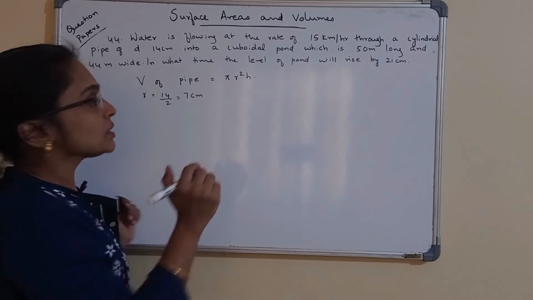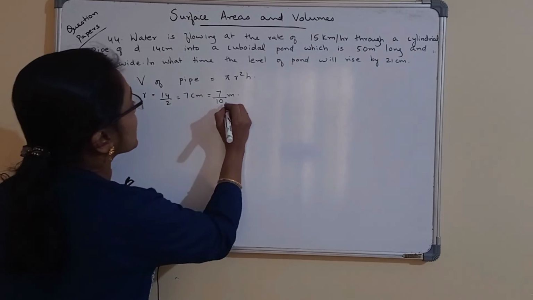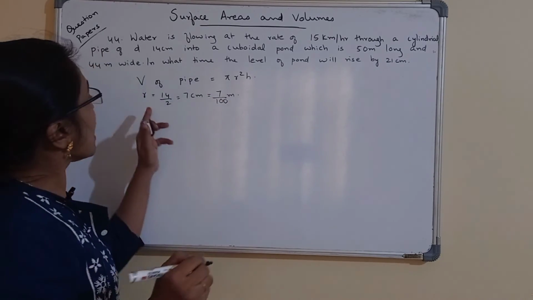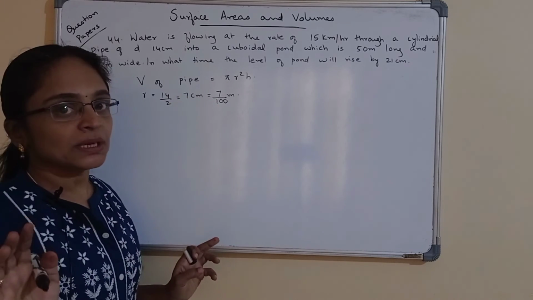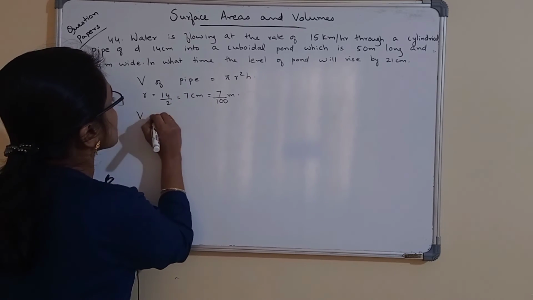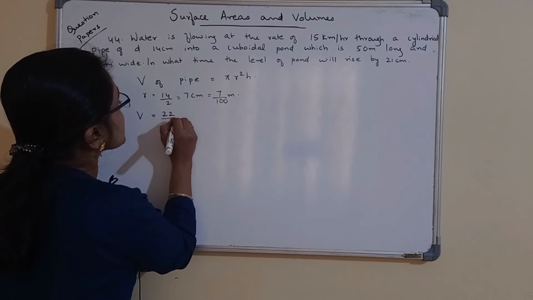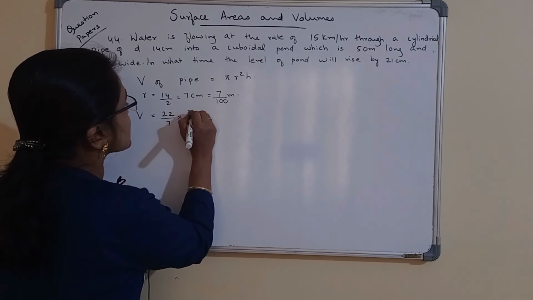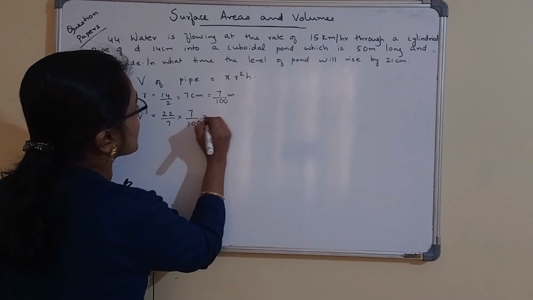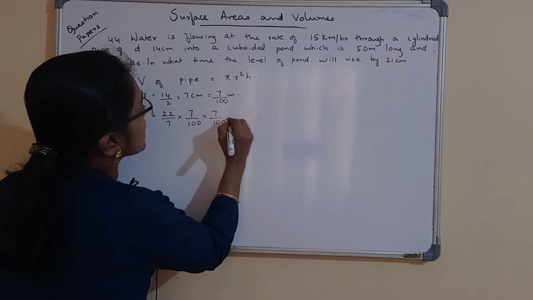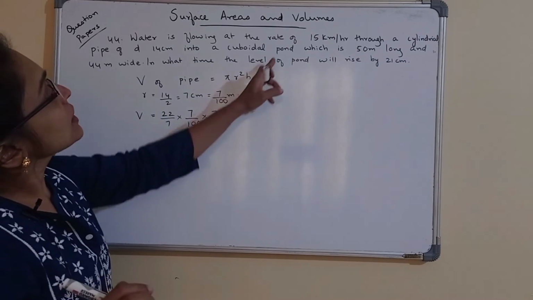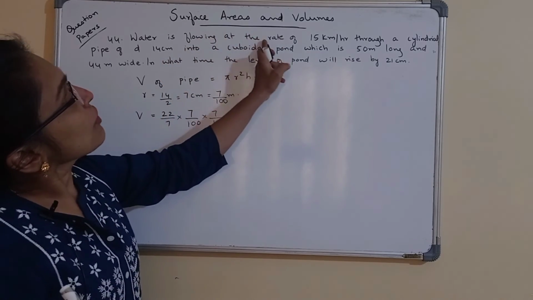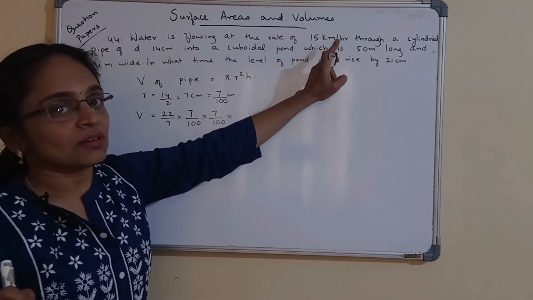We have to convert that to meter, which is 7 by 100 meter. So r is equal to 7 by 100 meter, and the volume is 22 by 7 into r square, that is 7 by 100 into 7 by 100, and we can calculate the volume of water in 1 hour.